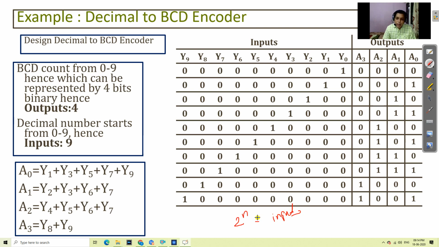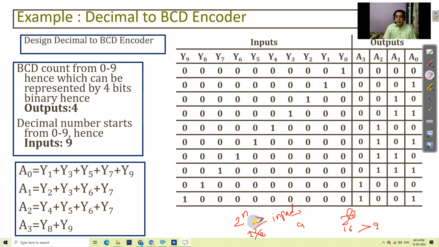We can say that 2 raised to n must be greater than or equal to the number of input lines. So here the input lines are 9. If I take 2 raised to 3, it will come to 8, so this is wrong. So I have to take 2 raised to 4, which is 16 states, greater than 9.